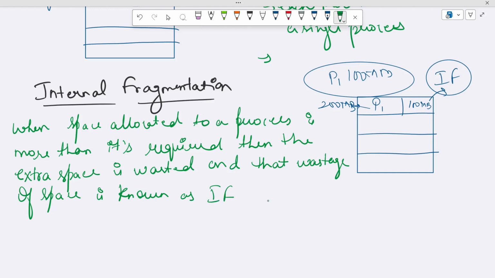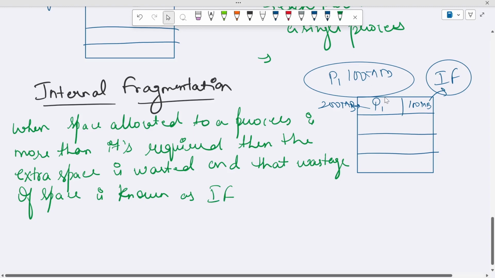So I hope you understand internal fragmentation.